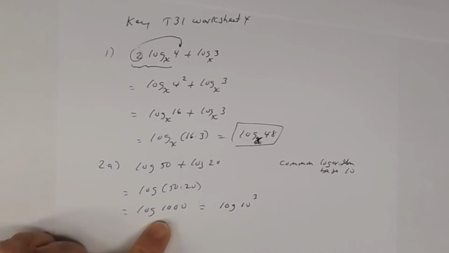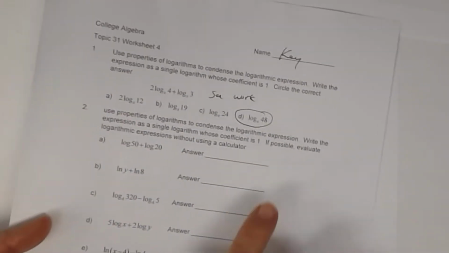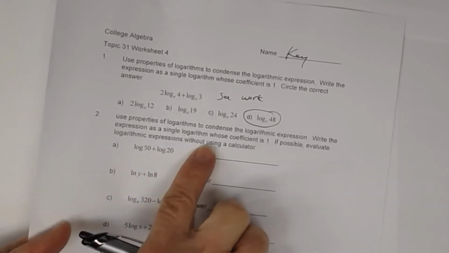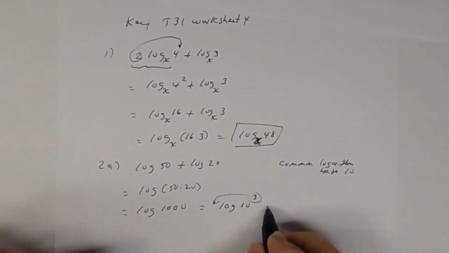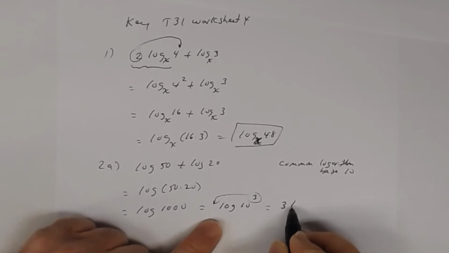Because 10 to the third is 1,000. Then I'm going to use a power rule, and move this exponent out in front. There's a reason I'm doing that, because it says, if possible, evaluate without using a calculator. So this becomes 3 times the log of 10.